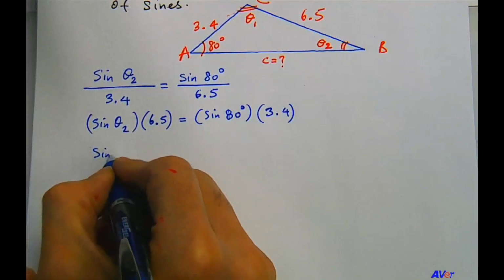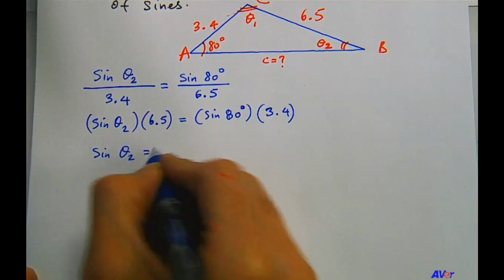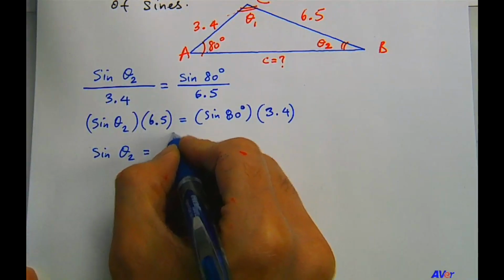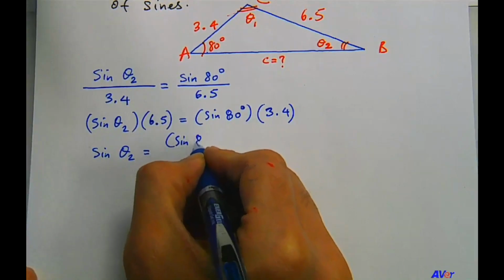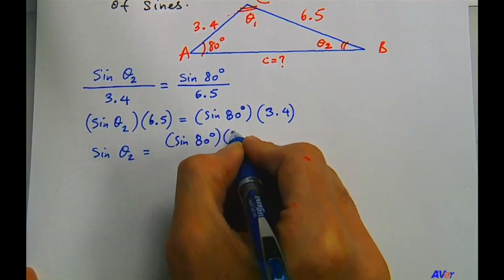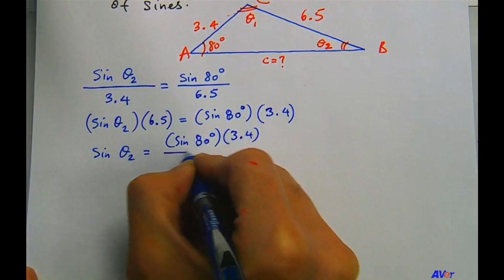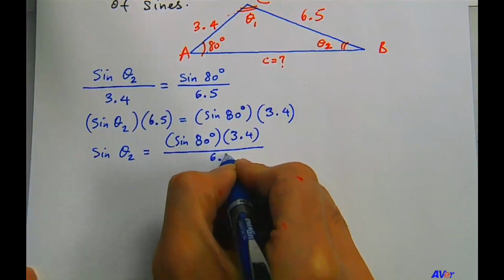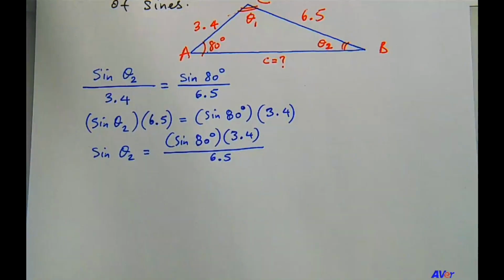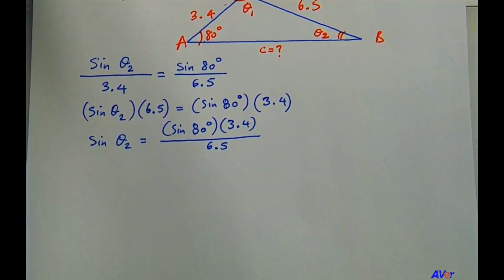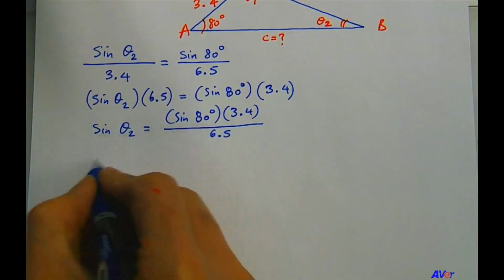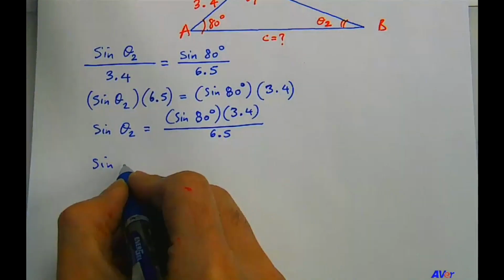And so then sine of theta 2 would be all of this divided by 6.5. Right? So sine of theta 2 is equal to, divided by 6.5. And so let's calculate that.